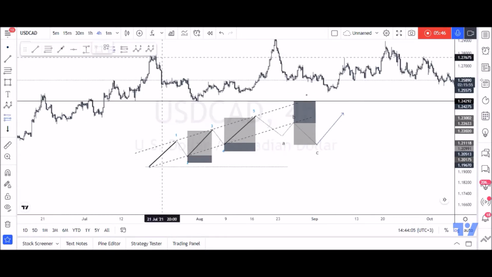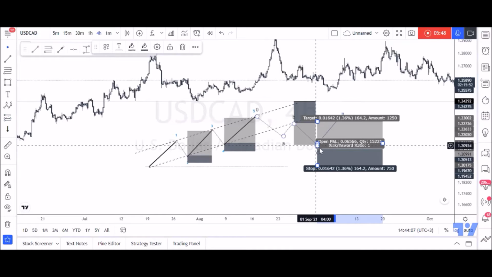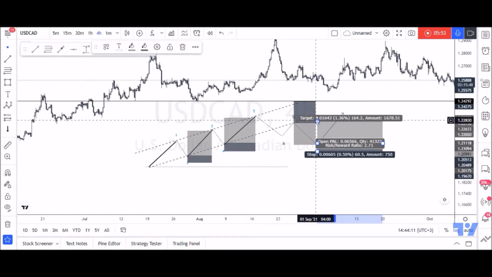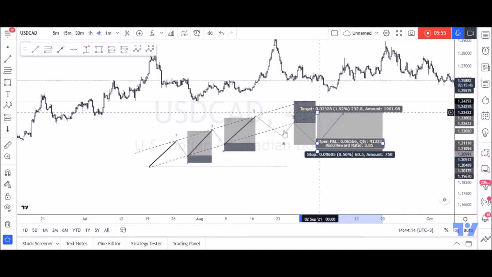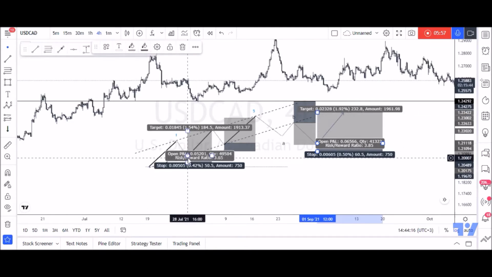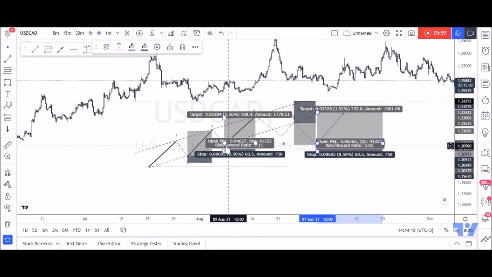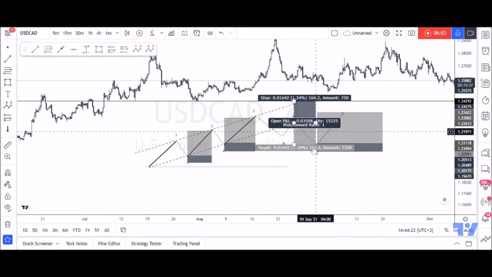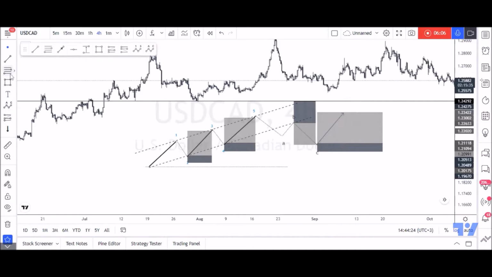This is how we're going to trade it. So we've already confirmed the second and the fourth support areas using the Fibonacci. We are going to confirm C with the Fibonacci.